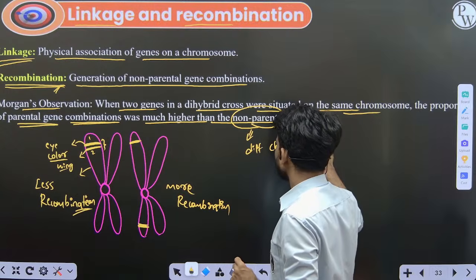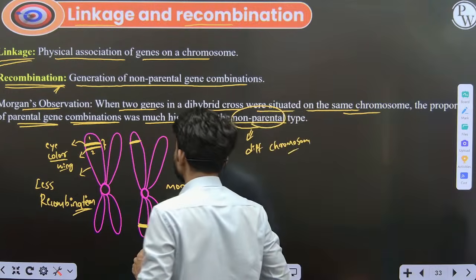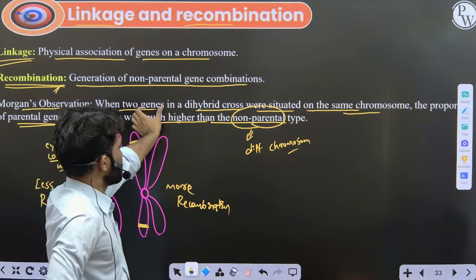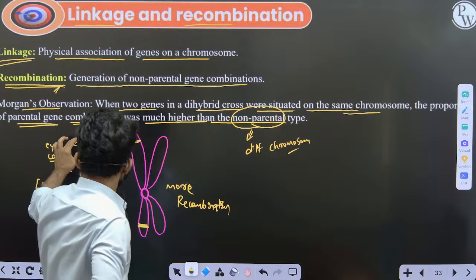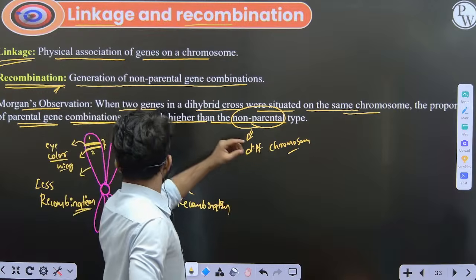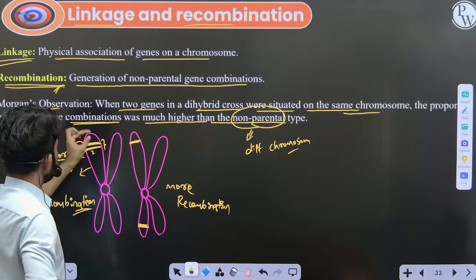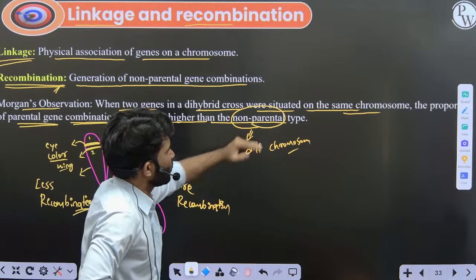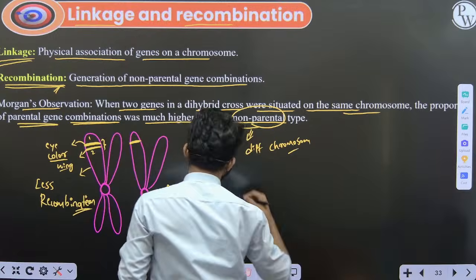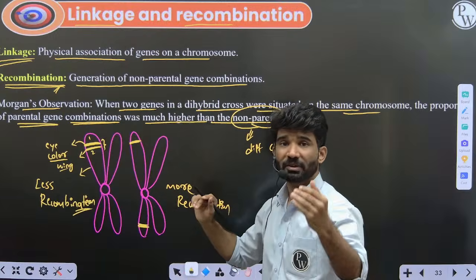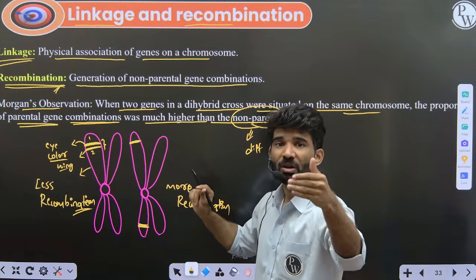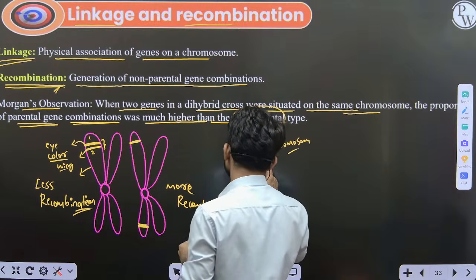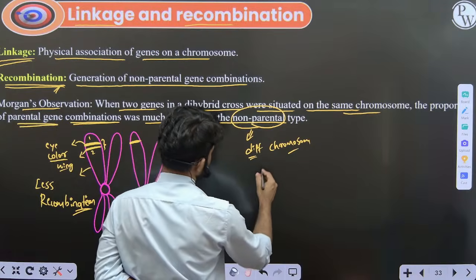When they are not closely linked, recombination is possible and the proportion is higher.